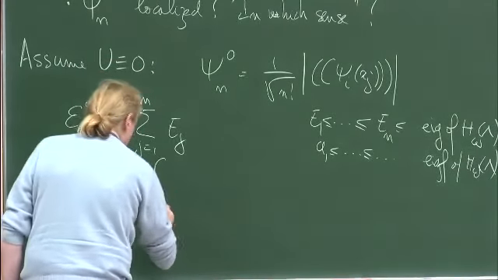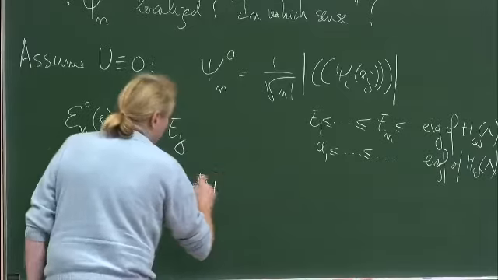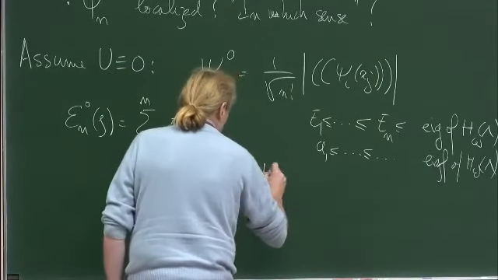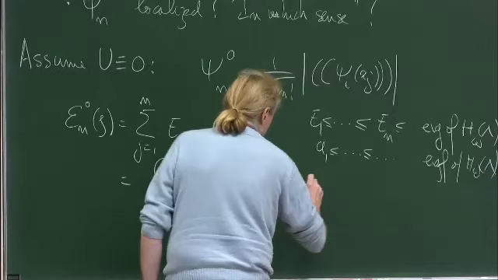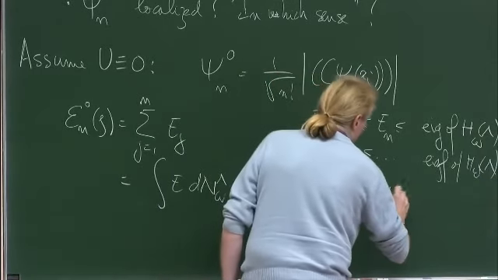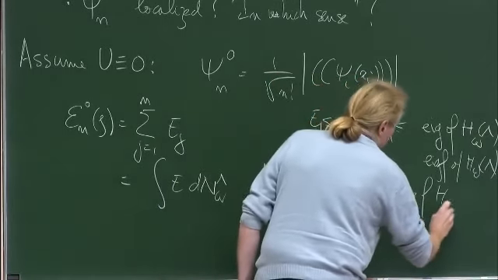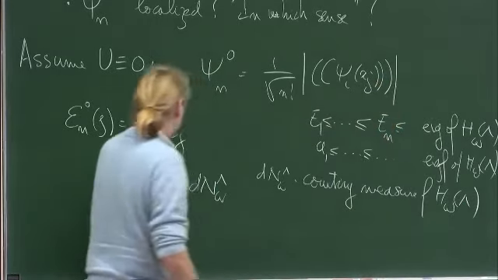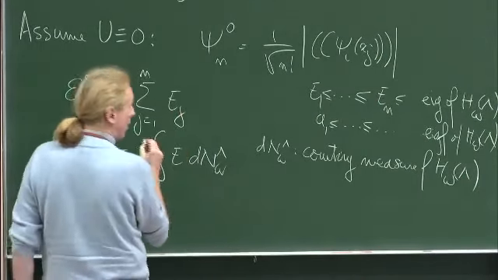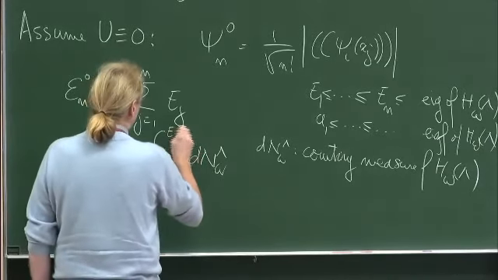You can write as the integral of the energy, and you take the counting function of H omega lambda, right? So N(E) for omega lambda is the counting measure for H omega lambda, up to the energy En.